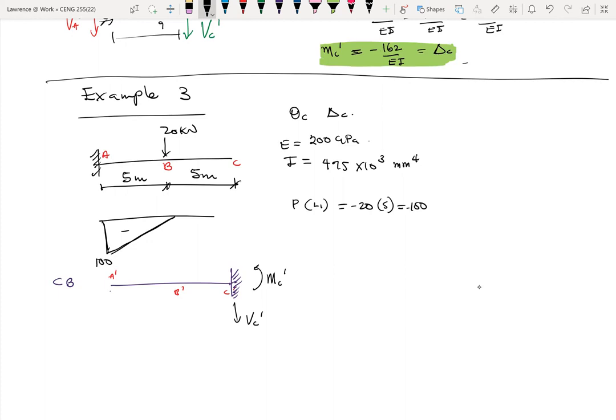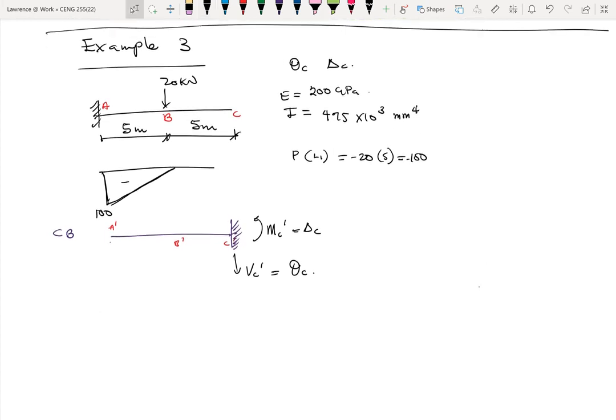MC prime is the same as delta C, and VC prime is the same as theta C. Okay. So once I have my conjugate beam, then I load the conjugate beam with the M over EI diagram.